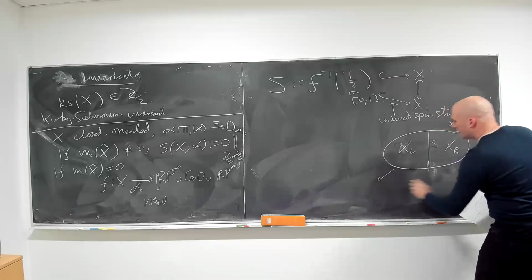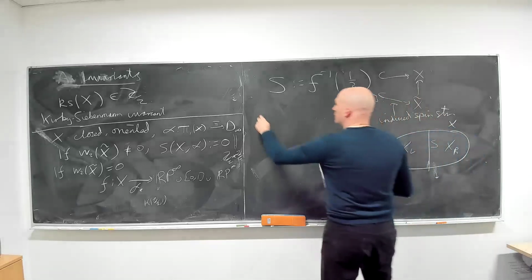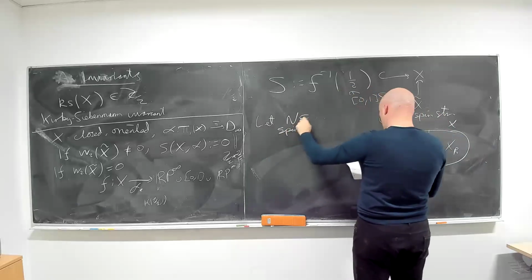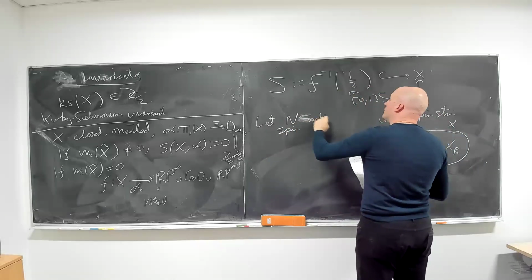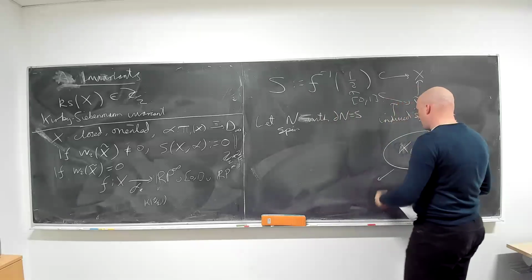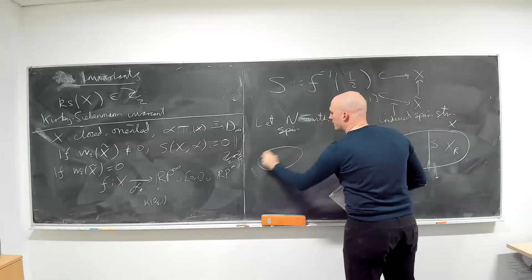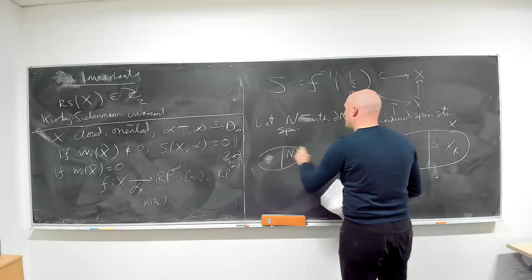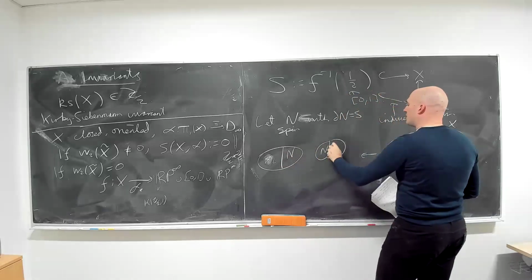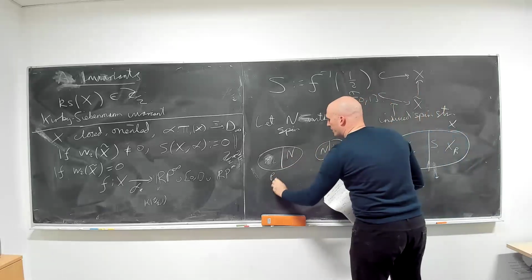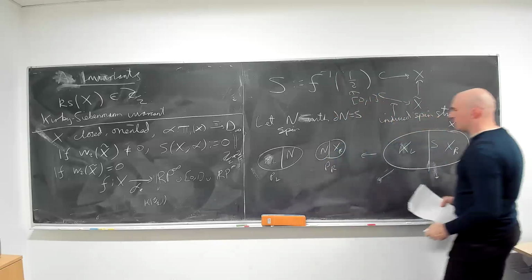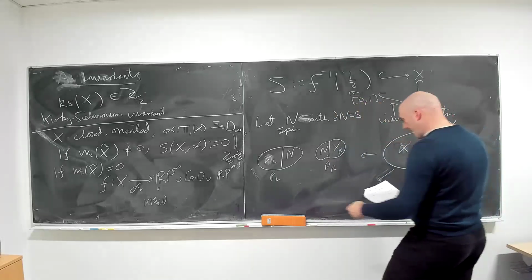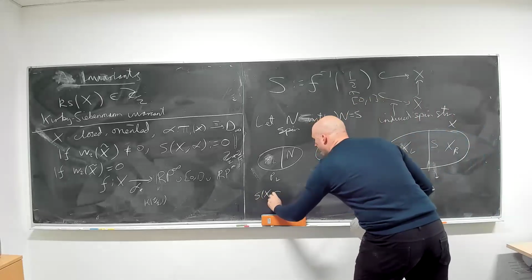Now let N be a spin manifold with boundary of N equals S, and then I can form X sub L union N, or N union X sub R. And so this is going to be called P sub L, and this is going to be called P sub R. So I'm just doing a construction of some 4-manifolds like this.